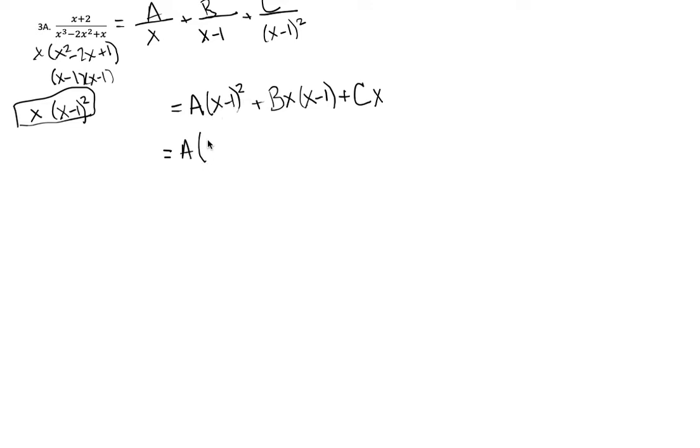So I have x squared minus x, so minus 2x plus 1, which obviously would be this anyway. And then I'm going to go ahead and distribute that through. So I have Bx squared and minus Bx, and I have my plus Cx.